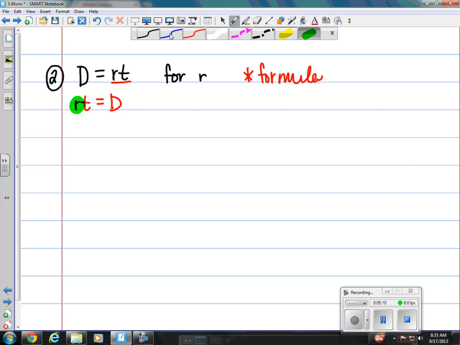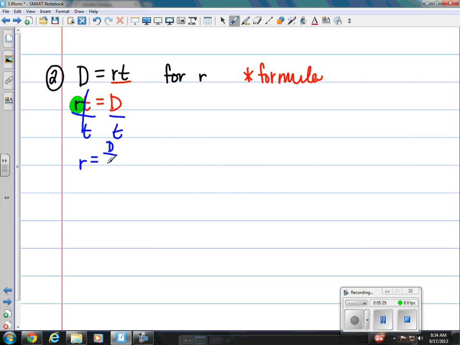Now we just have to say what's happening to R. If R and T are side by side, that means they're being multiplied. So the opposite is to divide both sides by what I don't want. I don't want my T, so I'm going to divide both sides by T. T's cancel. R equals D over T. And it doesn't reduce. That's our answer.